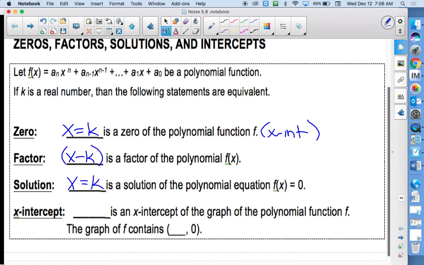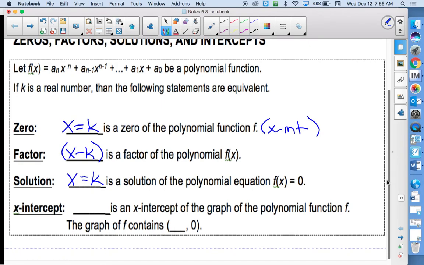The last one says it's an x-intercept if it's written as a point. So the graph has the point k, 0. Which is usually what we do when it says find a 0. We write it as an x-intercept because it's a point on the graph. It's on the x-axis. So all of these things mean exactly the same.